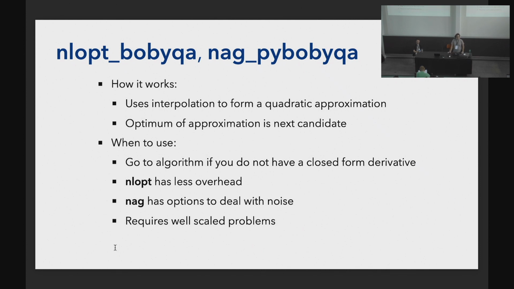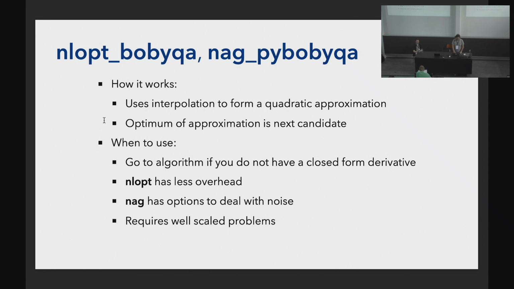Then we move on to gradient-free optimization, which is for when you don't have a closed-form derivative. You can use these optimizers, and they will try to do something better than a finite difference approximation to gradients.